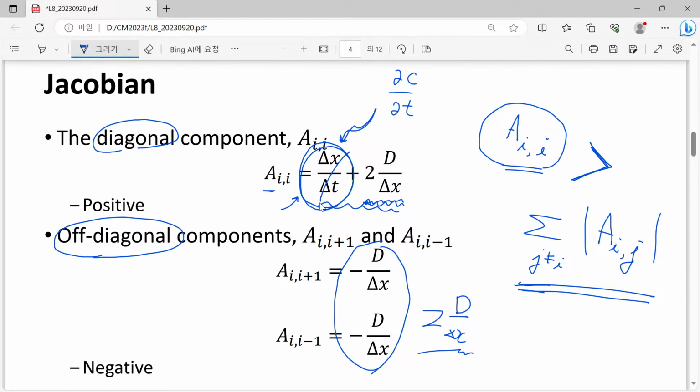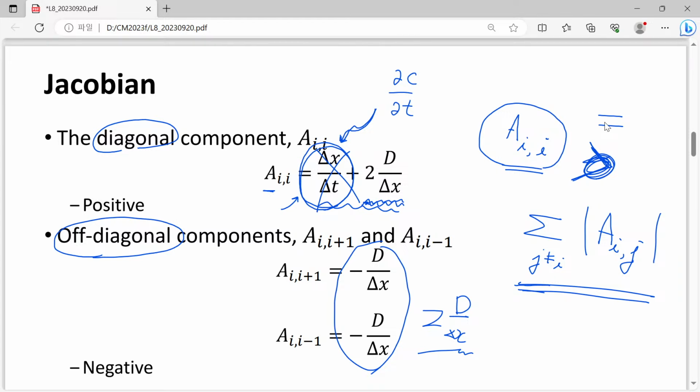So without this one, what will happen? In this case, instead of this inequality, we will have just balanced amplitude between this diagonal term and the sum of all off-diagonal terms. Let me just draw one diagram for you.